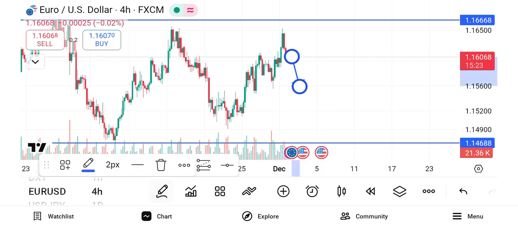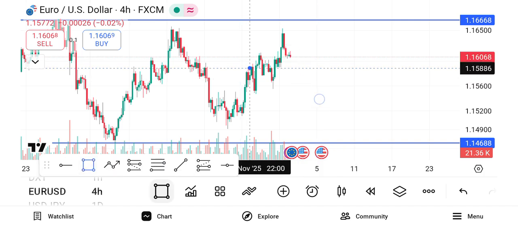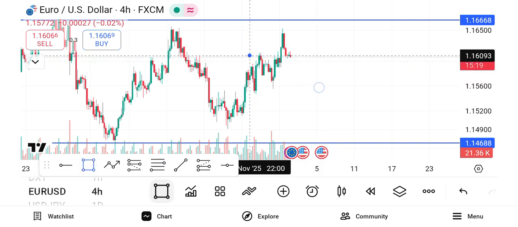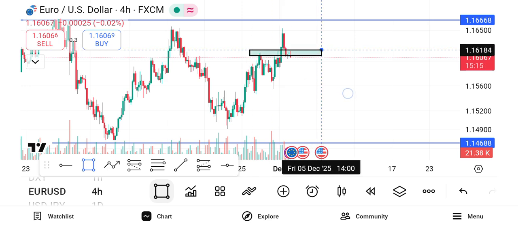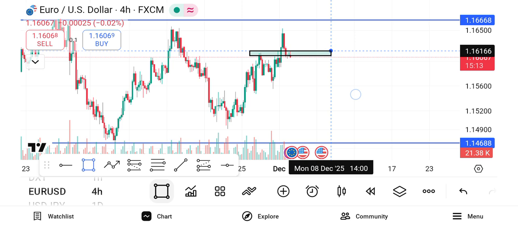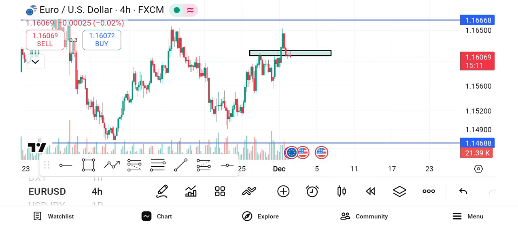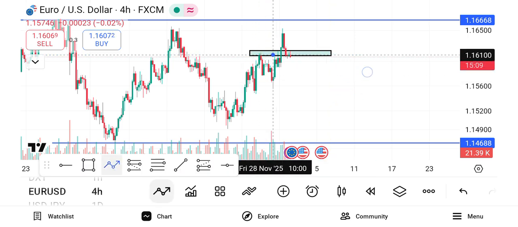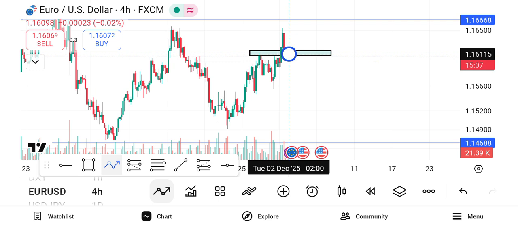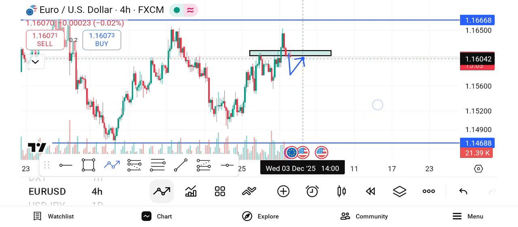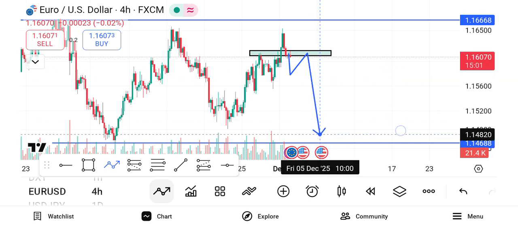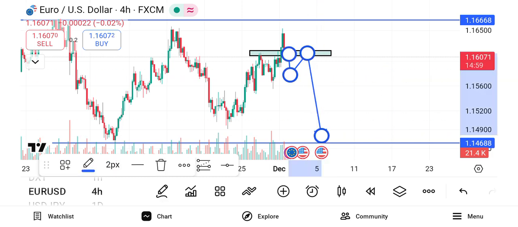Let me mark out the resistance. This previous resistance over here is my key level now for entry. What I'm expecting from the market is to give me a little push here to break this key level and retest it, then I take my entry from there.